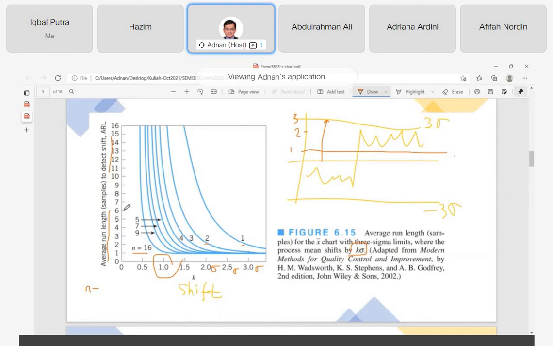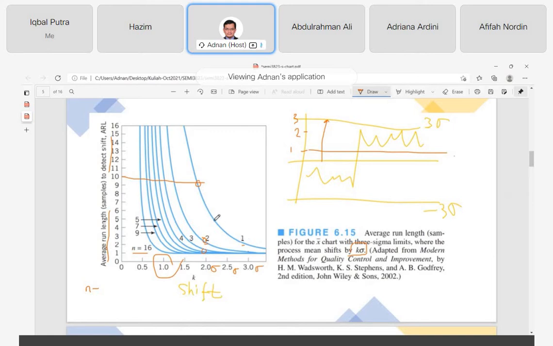Let me just take, for example, ARL 10. At point number 10, who will hit faster? If you have 2 sigma here, and 2 sigma here, it shows that a bigger sample size is faster to detect.